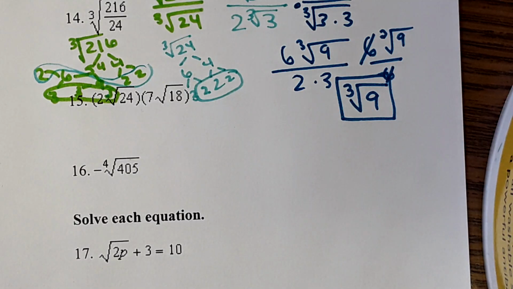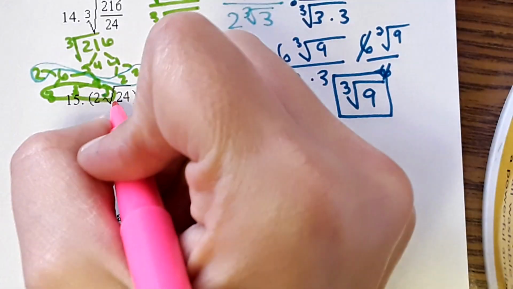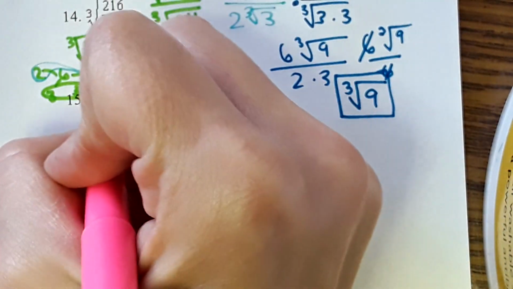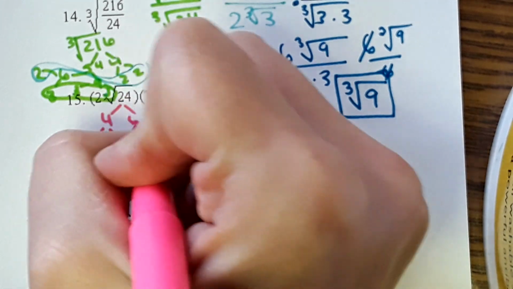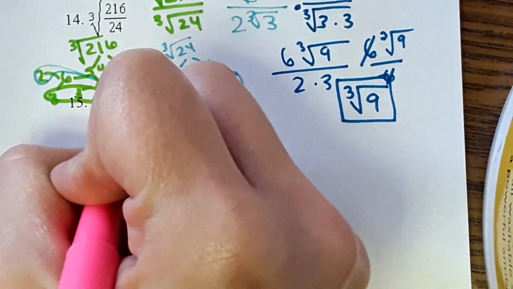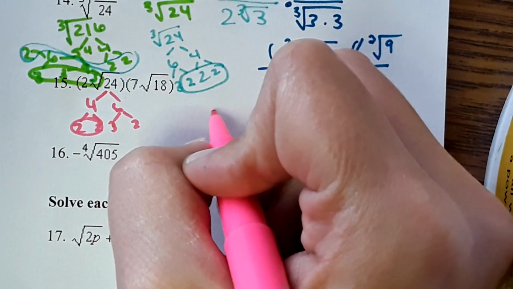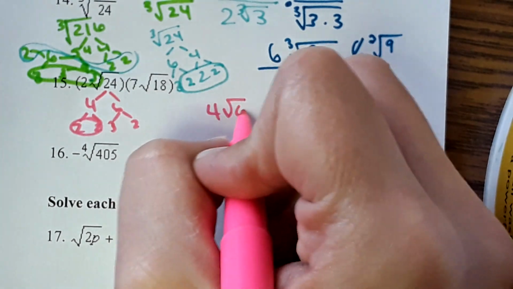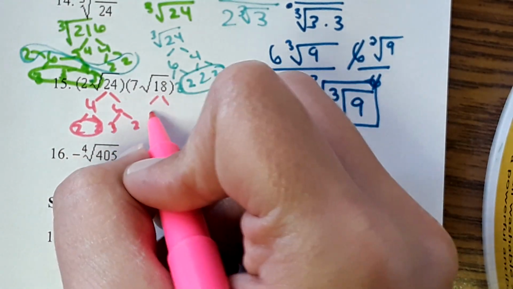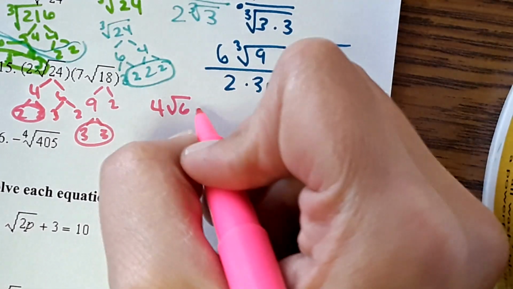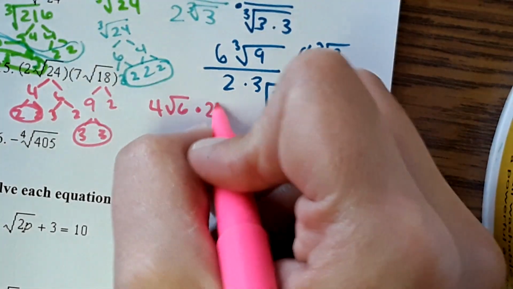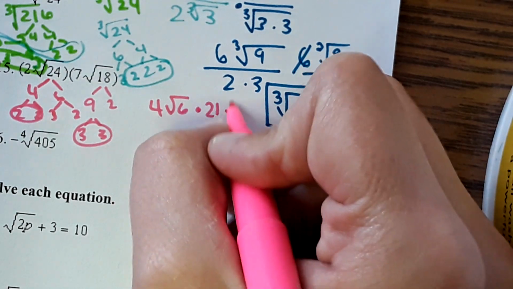Okay, again, 15, there's different ways we could do it. I'm going to just break up 24, see if I can take numbers out. Pair of 2's, so I get 4 square root of 6. Then for 18, take out a 3, be 21 square root of 2.